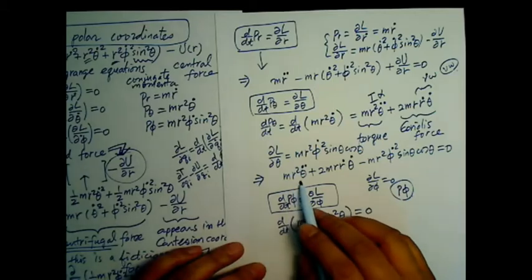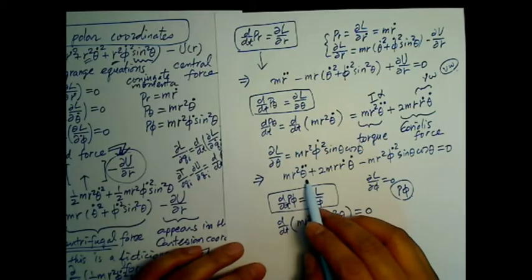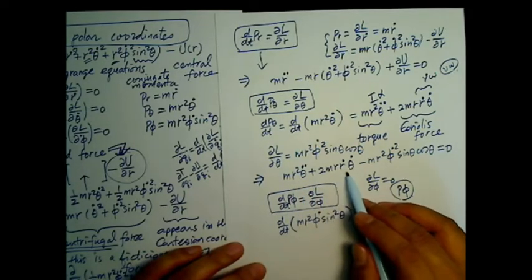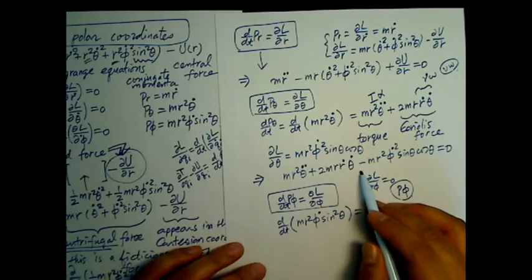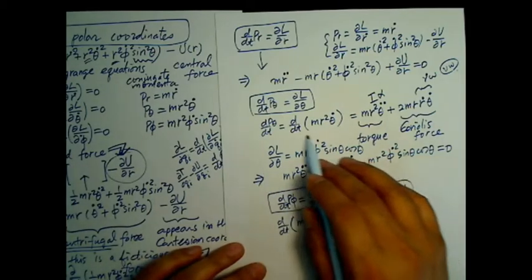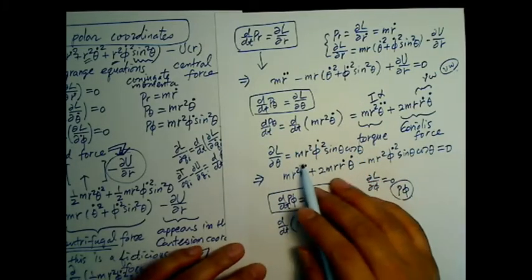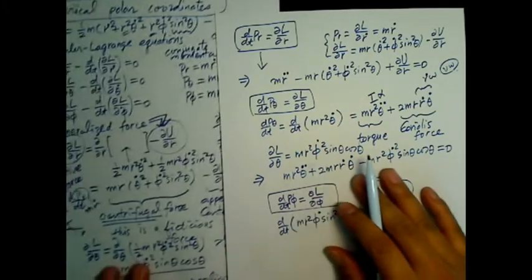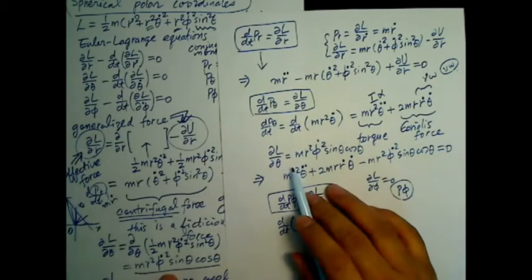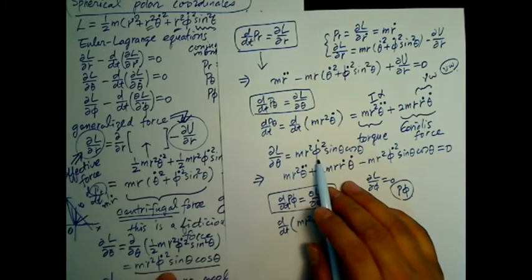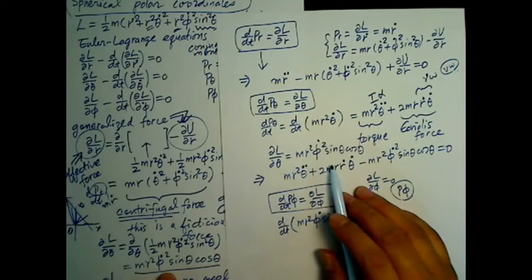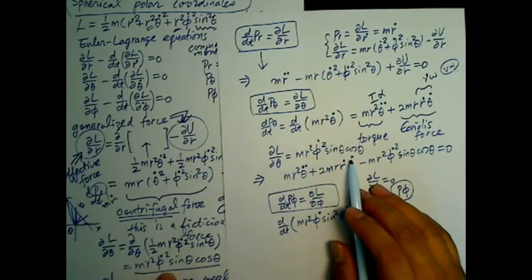So mr squared theta double dot plus the 2mr dot theta dot minus, this is the theta derivative of the Lagrangian. Theta derivative of Lagrangian can be found in here as mr squared sine theta cosine theta. Okay.